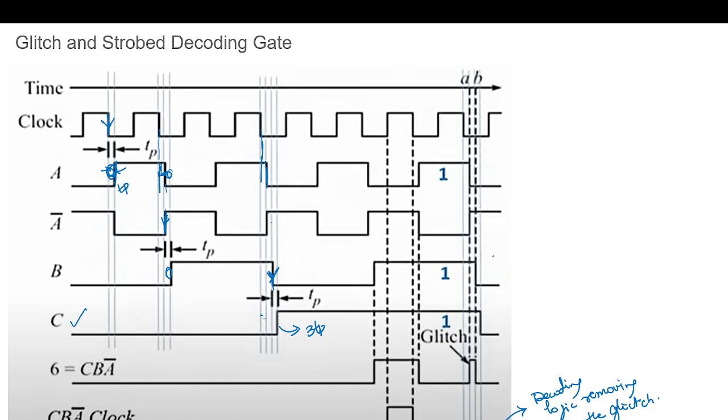Now similarly if we come till here, we can see C B A bar. If this is the decoding logic, at this particular instant of time it is 1 0 1. This will go to 0 state, so the output will be 0, but the decoding will show here a small occurrence of this count, but it is due to glitch.